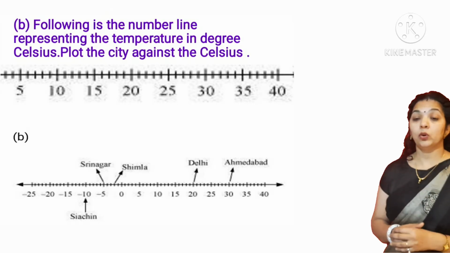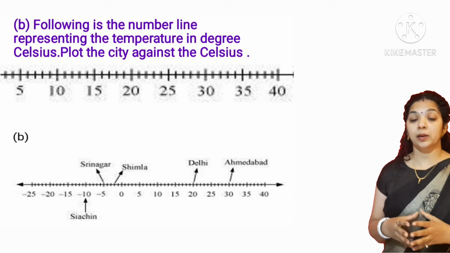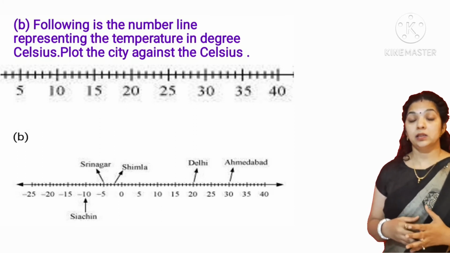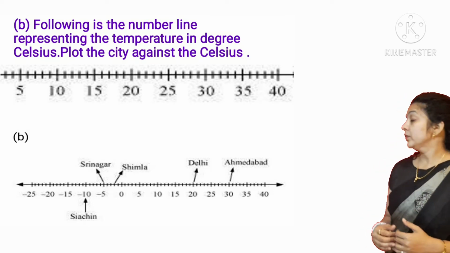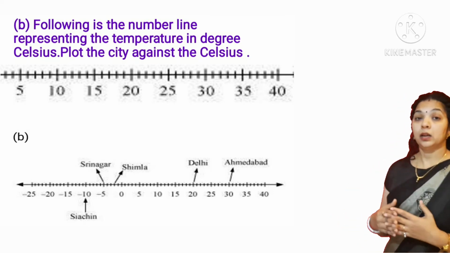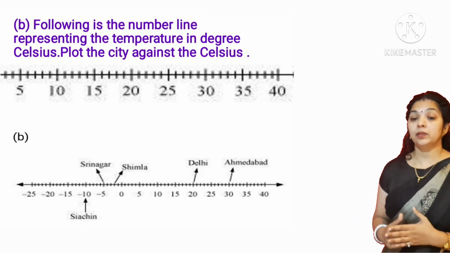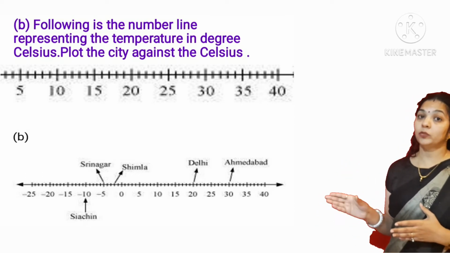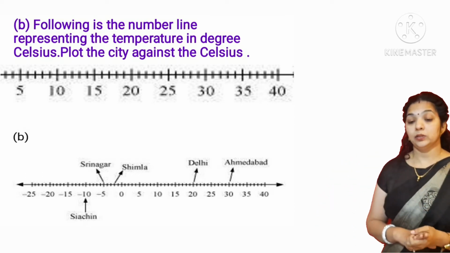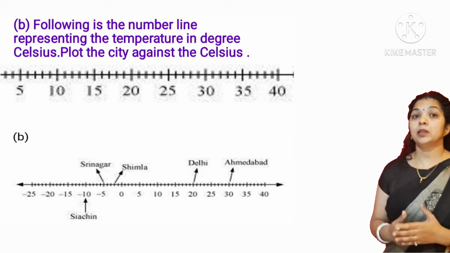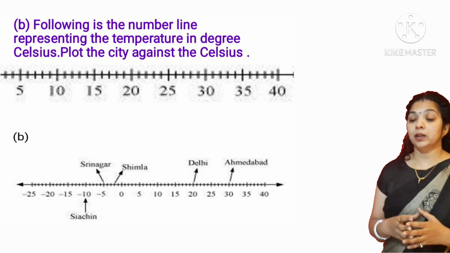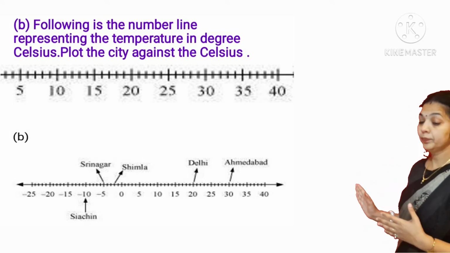Next part is, following is a number line representing the temperature in degrees Celsius. Plot the city against the Celsius. Now you have seen that table. According to this table, we have to plot the name of the city on this number line. Ahmedabad is plus 30 degrees, so it would be at 30.